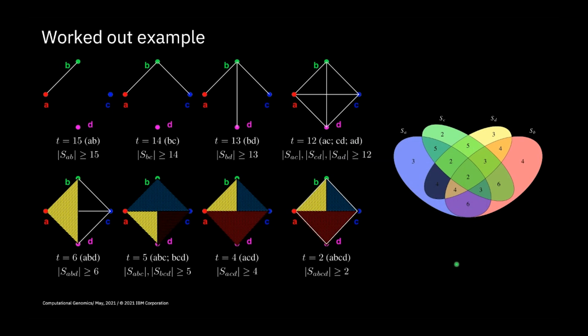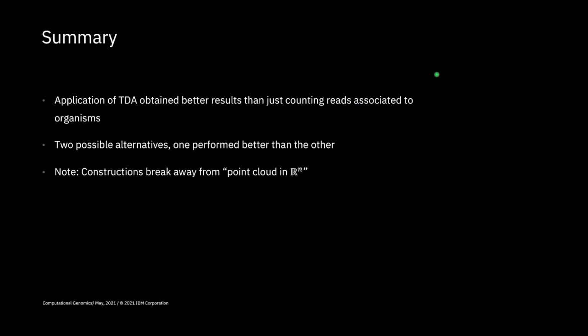The cardinality, the size of the tuple that we are taking, is the dimension of the simplex, and the number of reads that we're taking is the filtration value. It's reversed, of course; again, it goes backwards. So after doing these constructions, we did get improved results over the previous method.